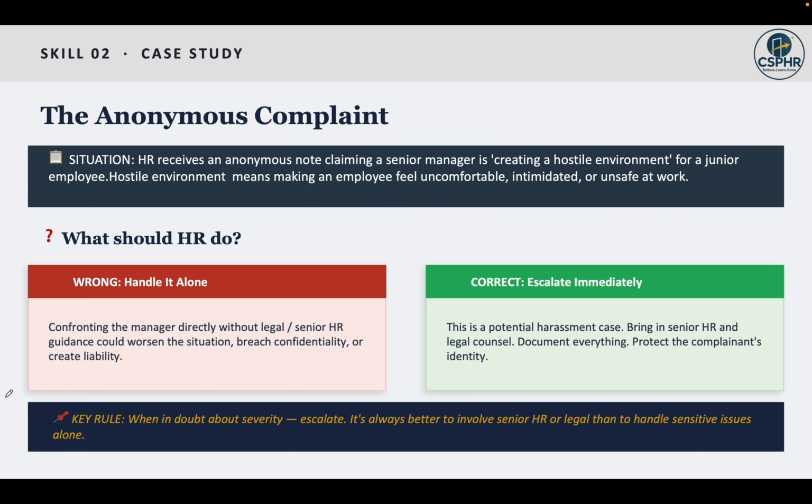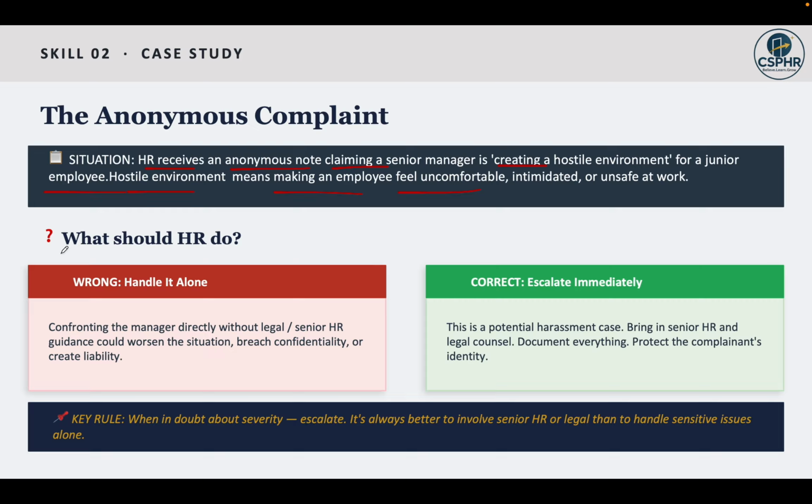Now let's talk about the case study. Suppose HR received an anonymous complaint claiming that a senior manager is creating a hostile environment for a junior employee. So what is a hostile environment? For example, making an employee uncomfortable or unsafe at the workplace. Okay, so one employee sends a complaint to the HR department that my senior manager is creating a hostile environment.